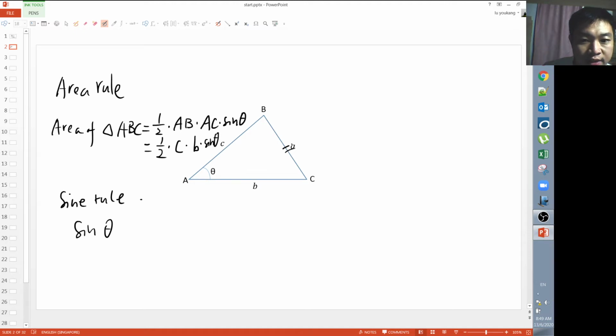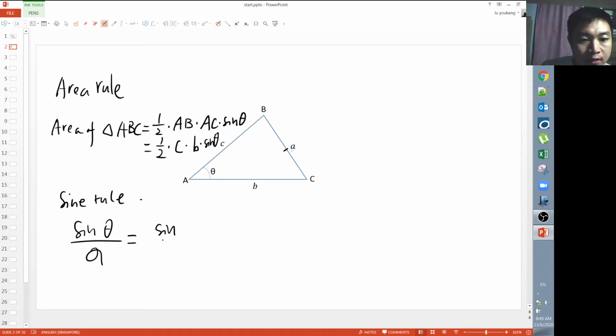In this case, the side that is opposite to theta is this side A. I hope you can see it's here. So if you sine the angle theta here, the side that is opposite to the angle theta is your side A. So this is the opposite side to your angle theta.